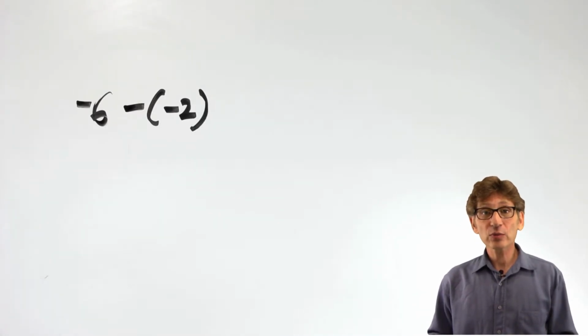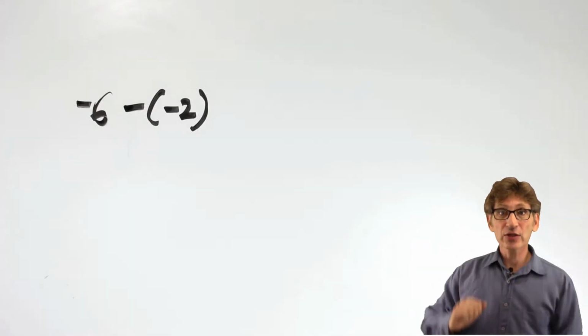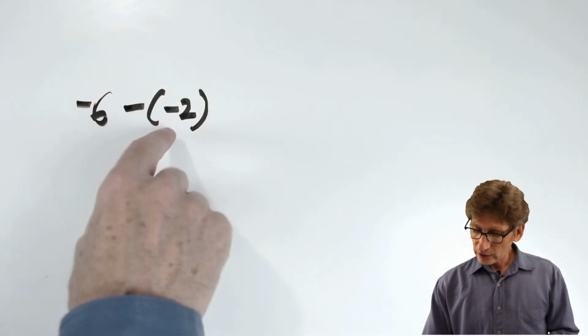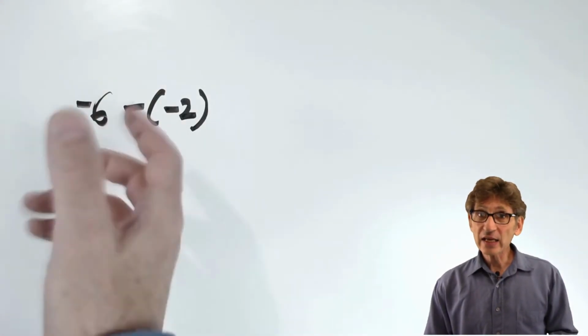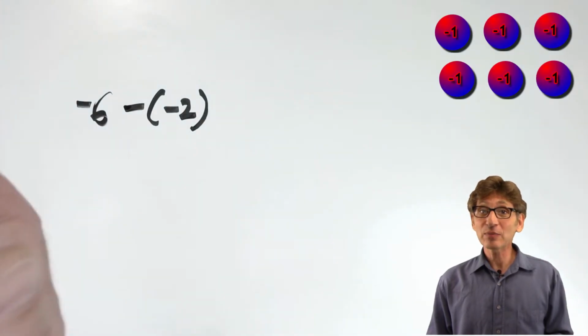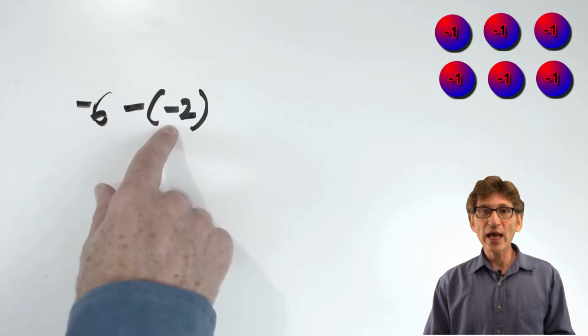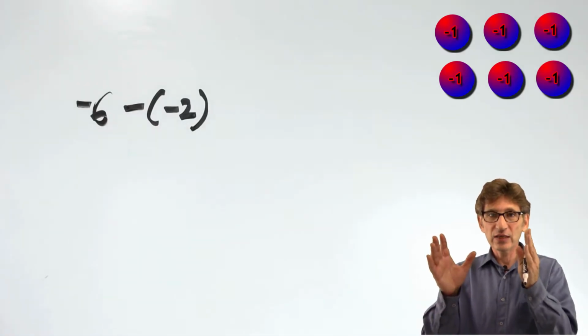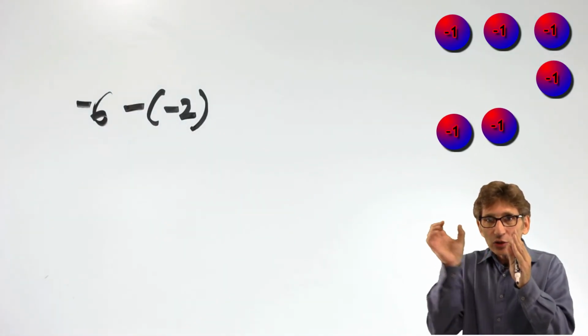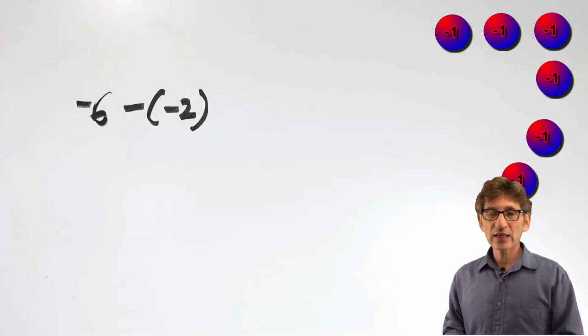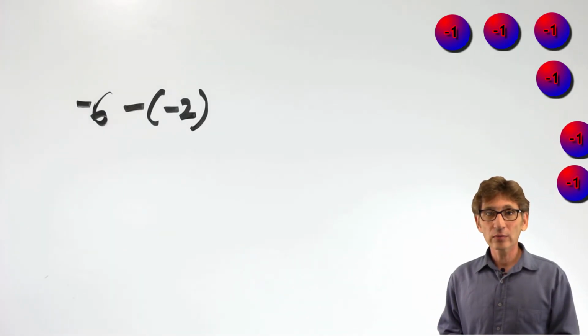When you first learned subtraction, when you were a wee little person, someone probably used the term takeaway for subtraction, and it's a really useful term. If I have negative 6 and I'm taking away negative 2, I have negative 6, I'm taking away 2 of those negatives, that's going to leave me with negative 4.